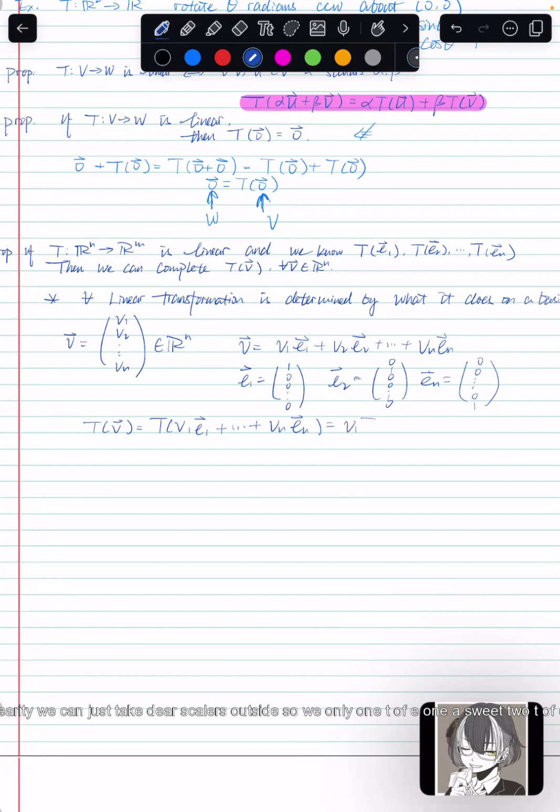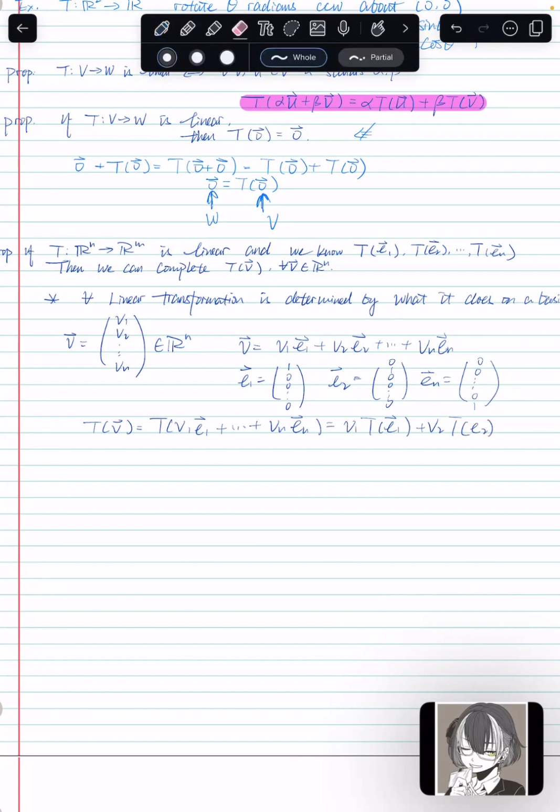So it'll be v1 T of e1 plus v2 T of e2 plus all the way to vn T of en.